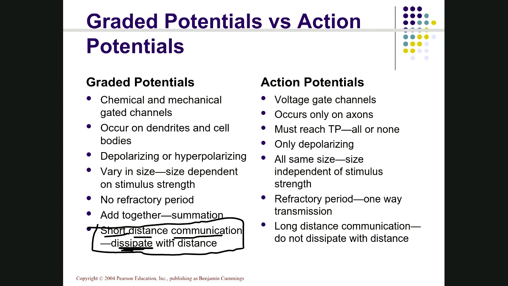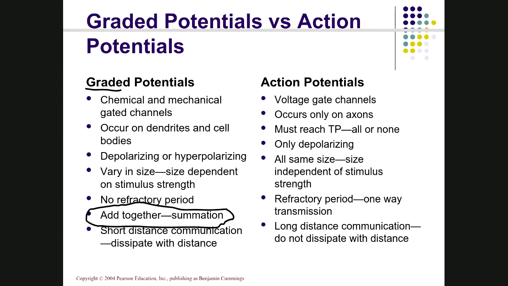But action potentials do not dissipate. And so they're good for long distance communication. And then one other thing, which we will see a little bit later on, graded potentials can add together. Action potentials cannot add together. They follow one after the other, but they cannot add together.